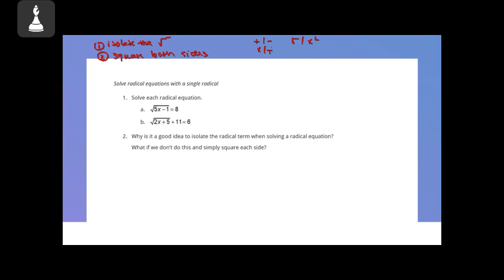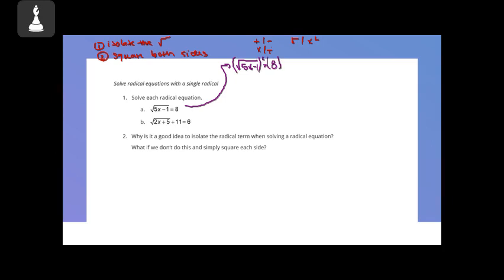Starting with our first example here, we have the square root of 5x minus 1 equals 8. Our square root is isolated, so we can square both sides. I will square the right and the left.